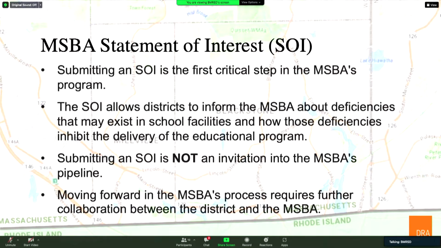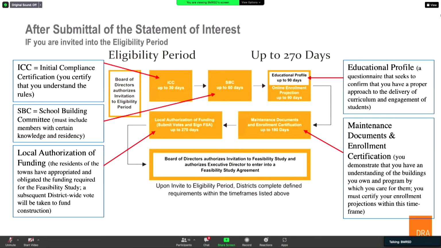But it doesn't cost money to get to that filing of the SOI in terms of a bond or anything like that. It's an administrative step. After you file that, you get 270 days to move forward with it. So once it's filed and once it's accepted, you get 270 days. Let me correct myself there.